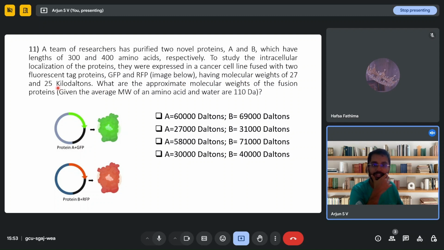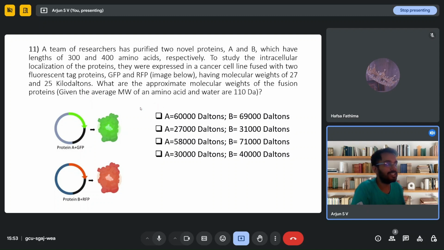But the difference is they are given the average molecular weight in daltons, while the molecular weight of GFP and RFP is in kilodaltons. Here 1 kilodalton is 1000 daltons, so you have to make the calculation according to that.